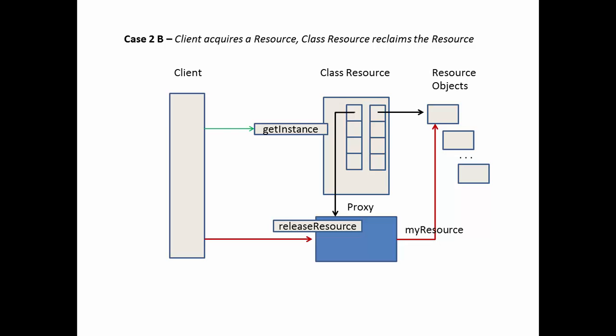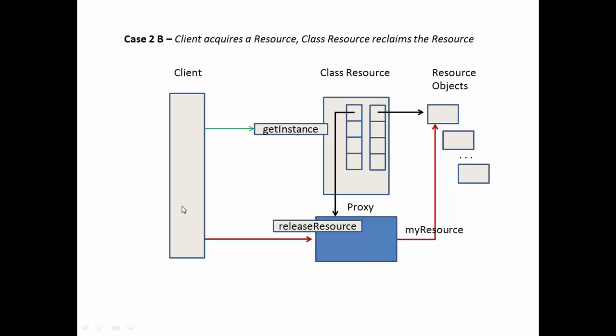We also have to notice that there is a new method called releaseResource, and this is a method of a proxy which will be used by the class resource, which manages all of its instances, to simply cancel this contract to access this resource by that client.